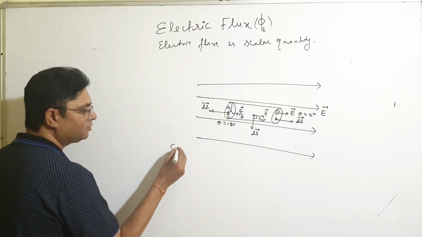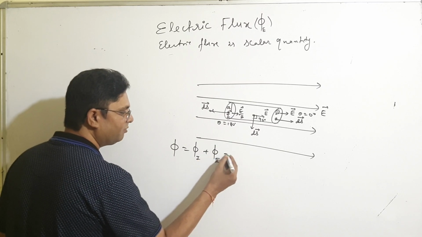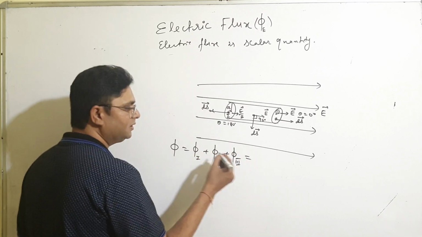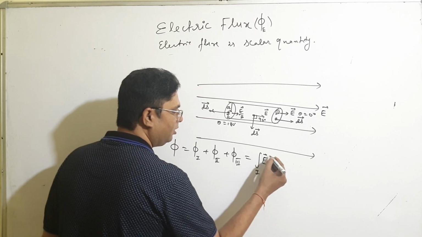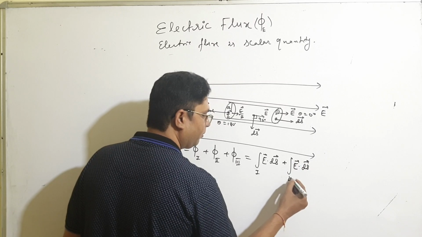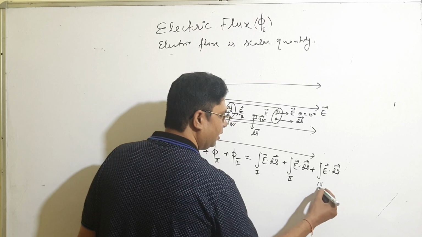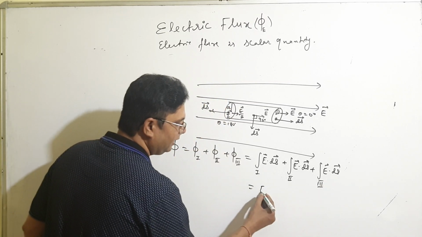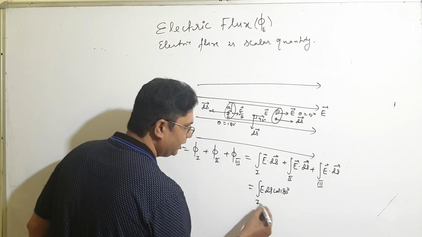So electric flux phi is equal to phi due to first surface plus phi due to second surface plus phi due to third surface. Phi is integration E dot ds for the first surface, plus integration E dot ds for the second surface, plus integration E dot ds for the third surface. In the first surface the angle is 180 degree, so write E ds cos 180 degree under the integration.